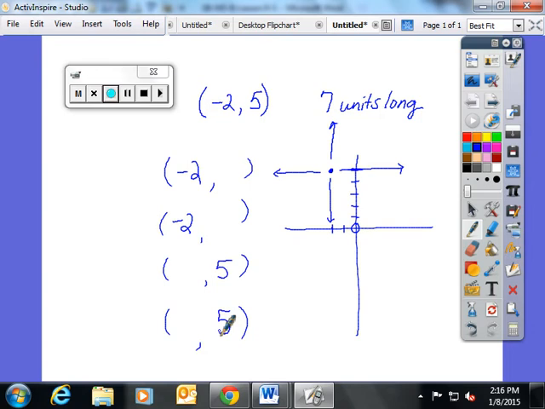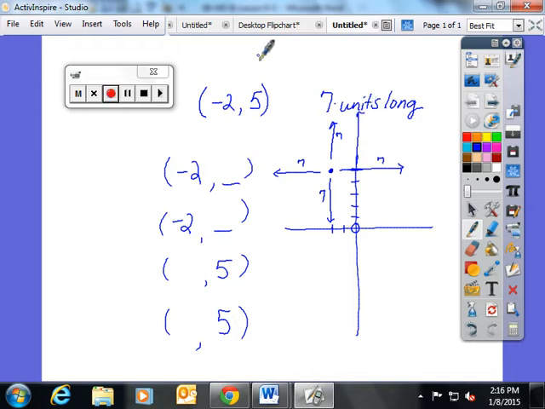Now I have to find 7 away in each direction, which means you really have to add 7 to -2 or take 7 away. The first one we're doing is 5. So when I add 7 to 5, if you could think about -2, 5, you're going to go up 7 spots from 5.